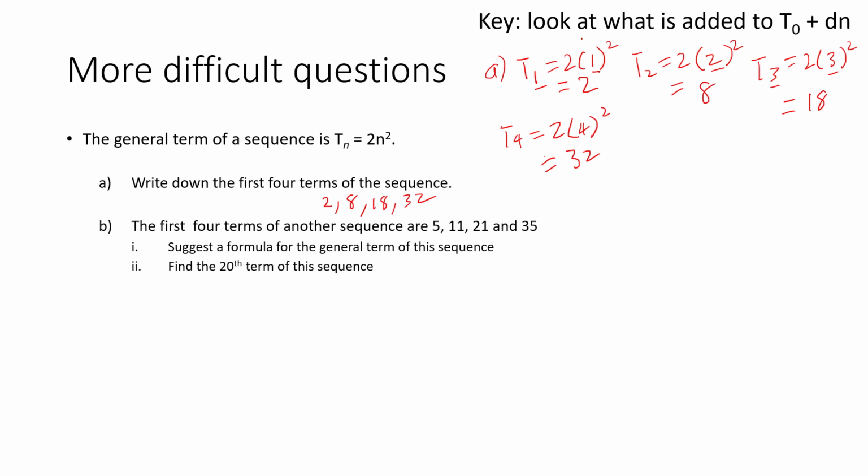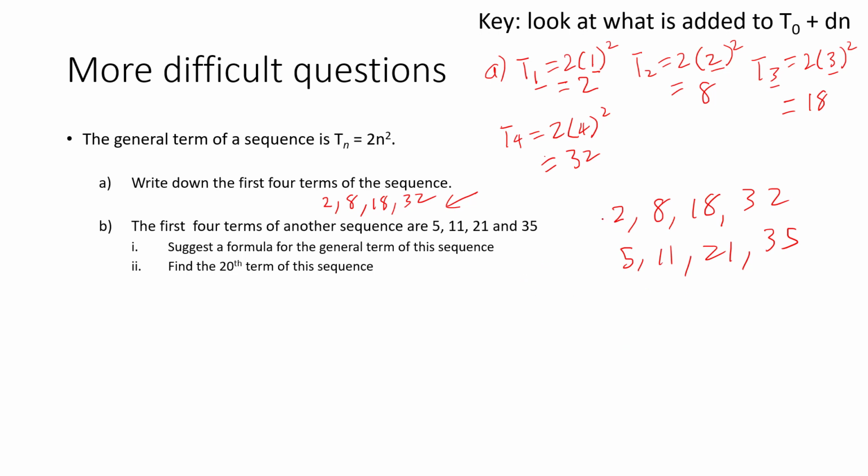But let's take a look at the key. Look at what is added to term 0 plus dn. So this is your general term, or the first 4 terms of the sequence. What you need to do is to compare 2, 8, 18, 32, with 5, 11, 21, and 35.